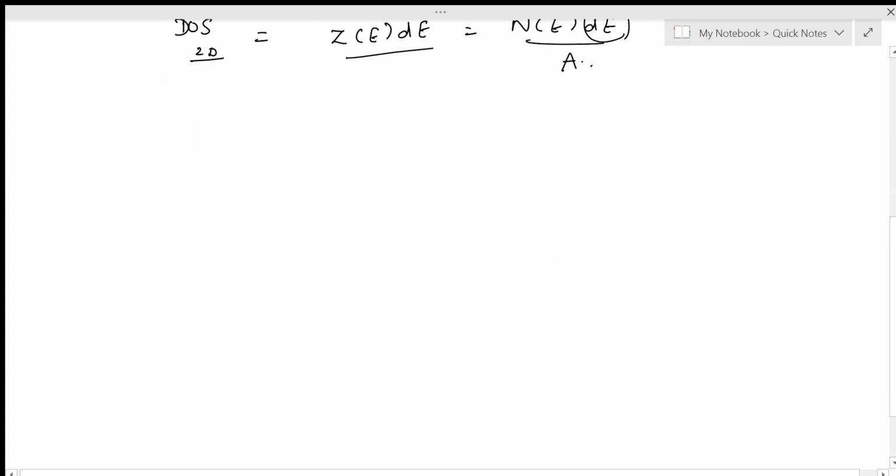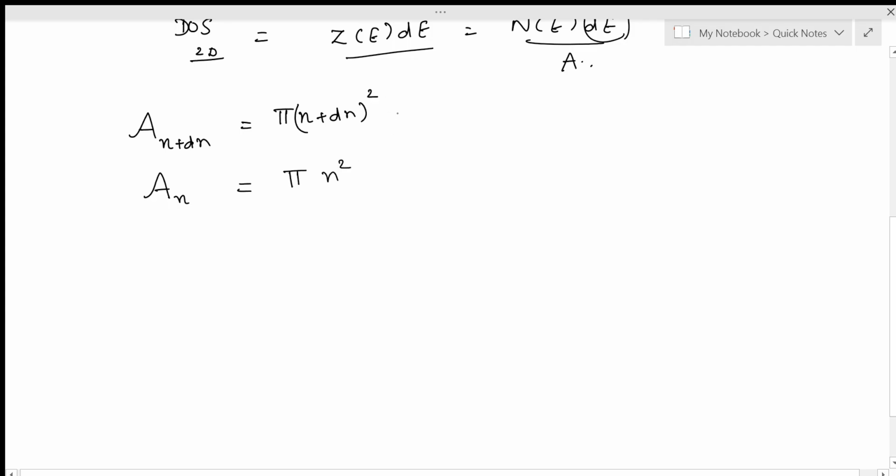Since we have considered the circle, the area of the circle of radius n plus dn is pi (n plus dn) the whole square, because the area of a circle is usually pi r square. Here the second circle has radius n plus dn. Area of the circle of radius n and energy E is pi n square.